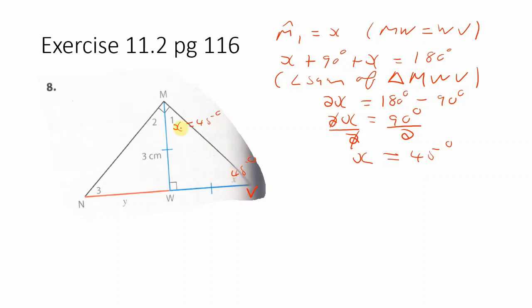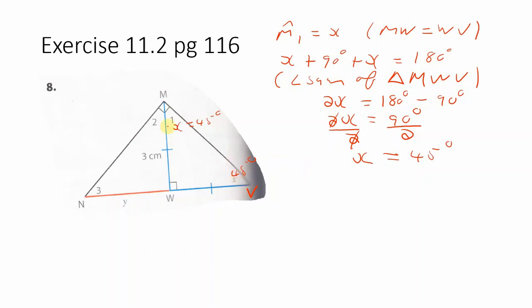What I also know is that in the big triangle I have a 90-degree angle. We already calculated this as 45. Therefore, we can calculate the angle N because we know the angle sum of the triangle is 180 degrees.